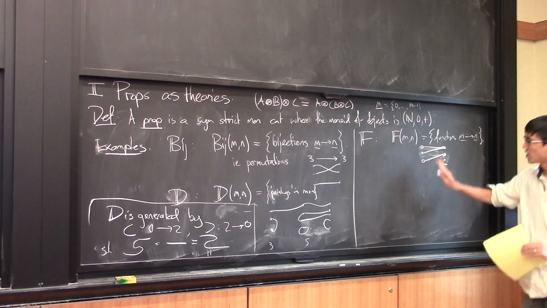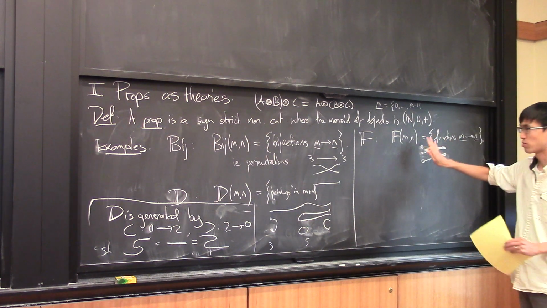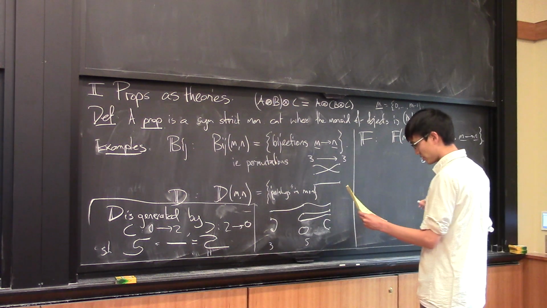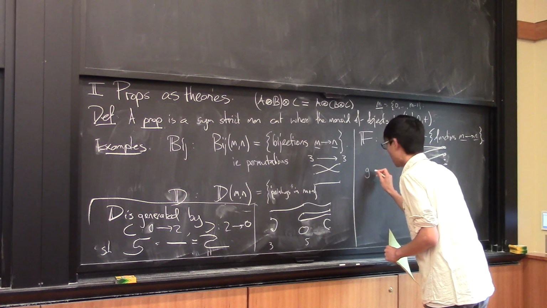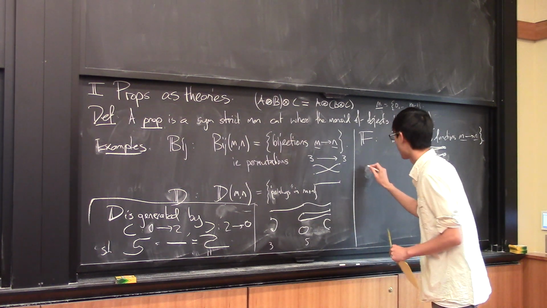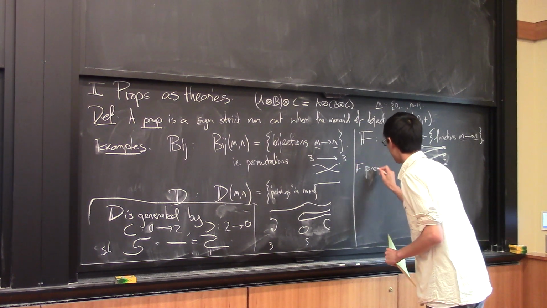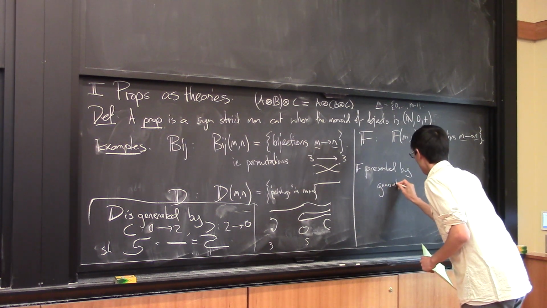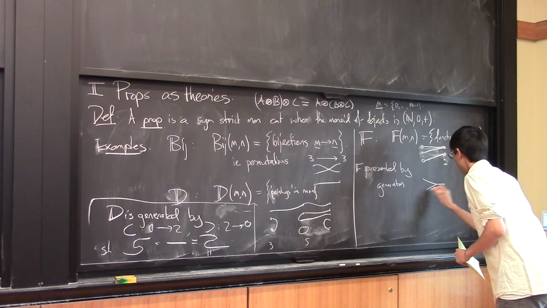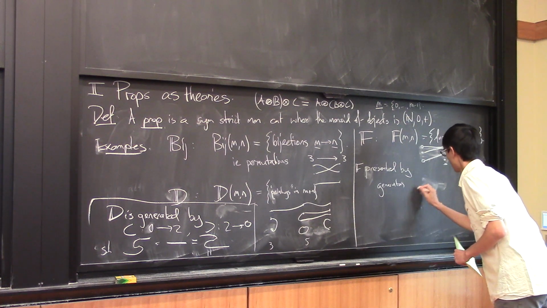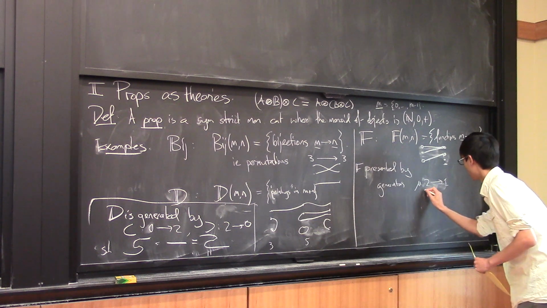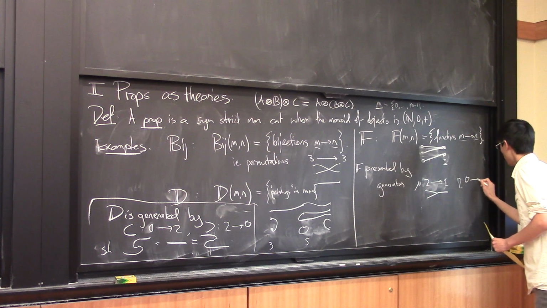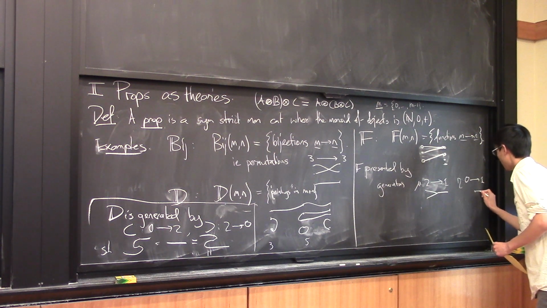We can compose these. What's nice is that this prop has a really familiar algebraic structure as well. So this prop is, maybe I should say presented by, F is presented by these sort of generators, which I'm going to call mu from 2 to 1, I'm just going to draw it like this, and then another thing which I'm going to call eta from 0 to 1, which I'm going to draw like this.